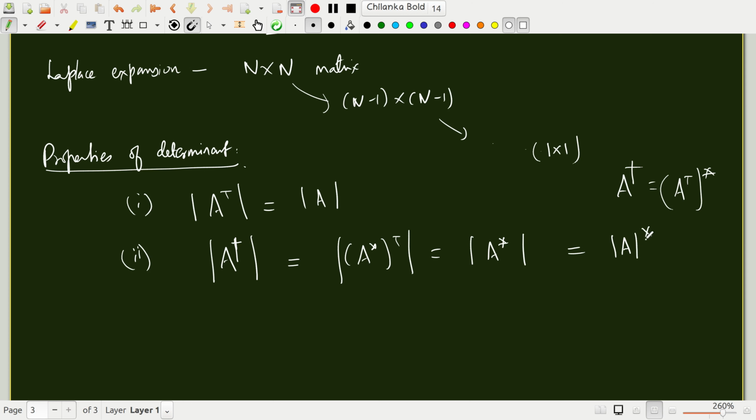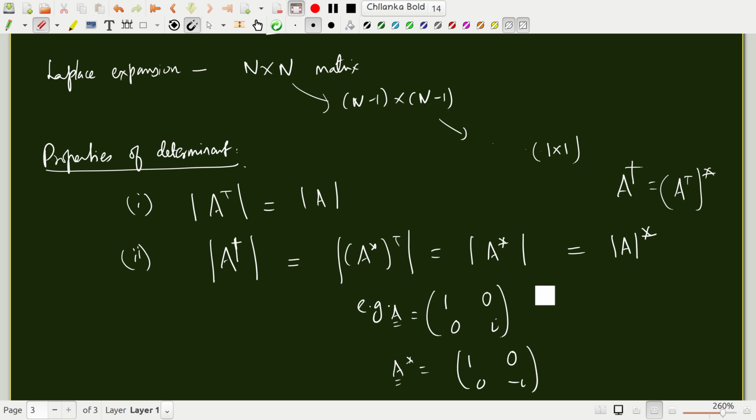For example, if I have a matrix 1 0 0 i, then what is A star? A star is the complex conjugate, 1 0 0 minus i. What is this determinant? It's i, right? Let's write det A is i.